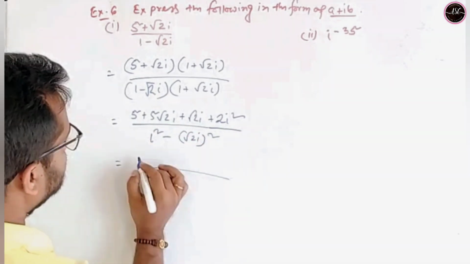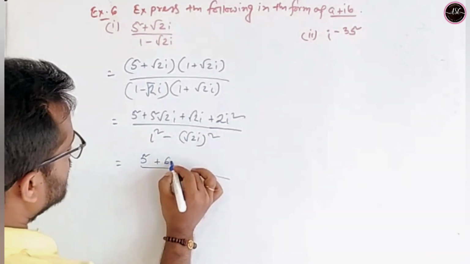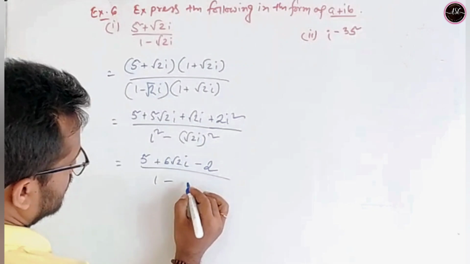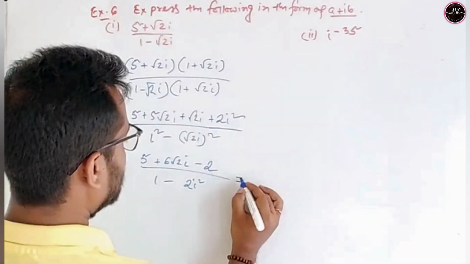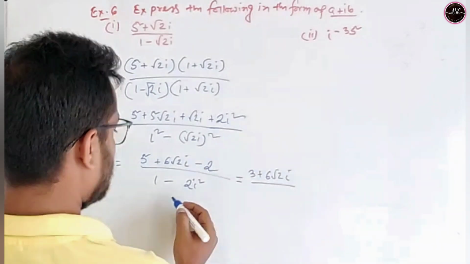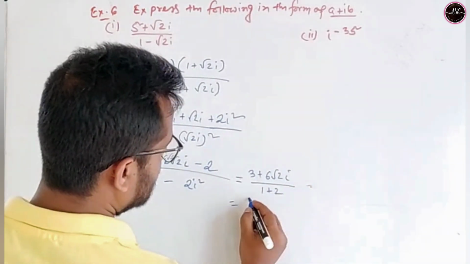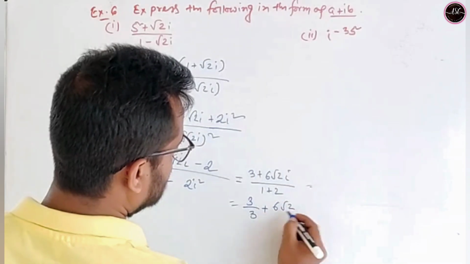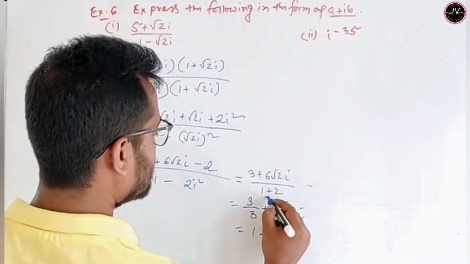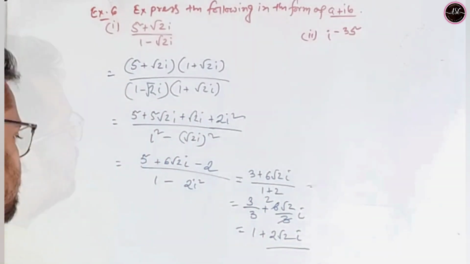So we have 5 plus 6 root 2i minus 2, and here will be 1 minus 2i square. So here will be 3 plus 6 root 2i, and here will be 1 plus 2. So this can be written as 3 by 3 plus 6 root 2 by 3 i. So 1 plus 2 root 2 i, by cancellation of 3 and 6. This is the form of A plus iB.